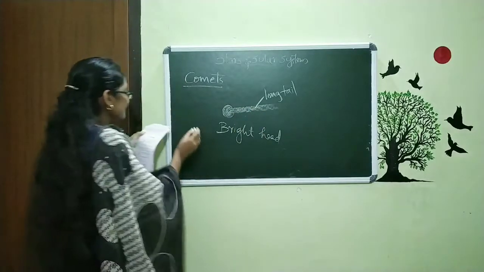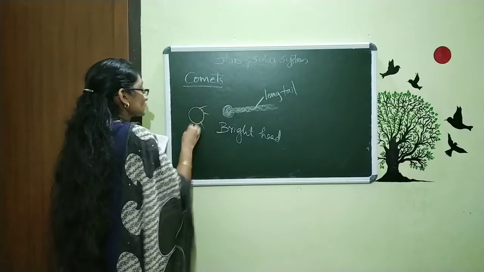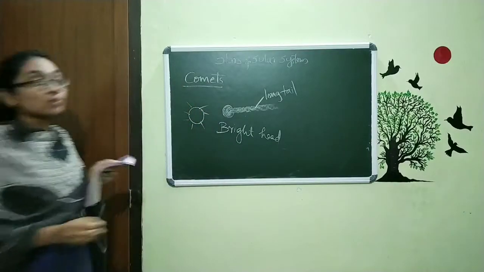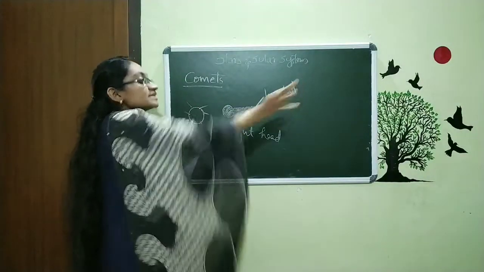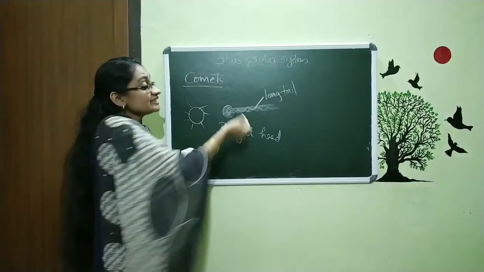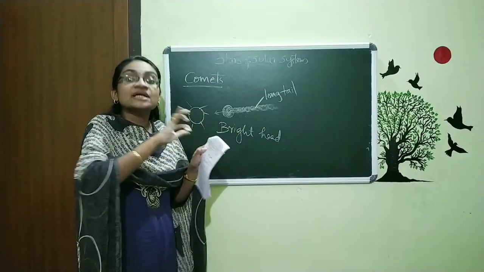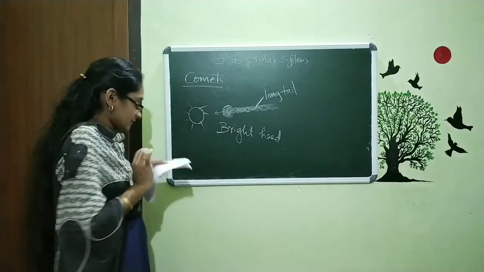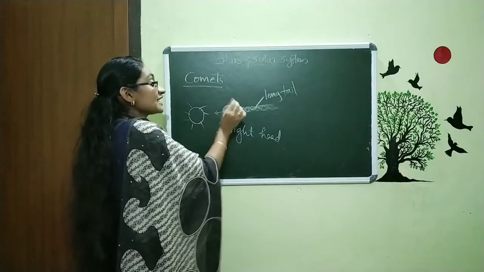And when it is moving near to the sun, its tail grows in size. That means we can see that it has a long tail, but when it is moving towards the sun, the length of the tail increases. That is the point. And also, the tail is always directed away from the sun.